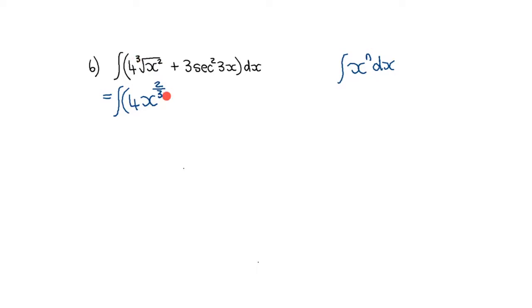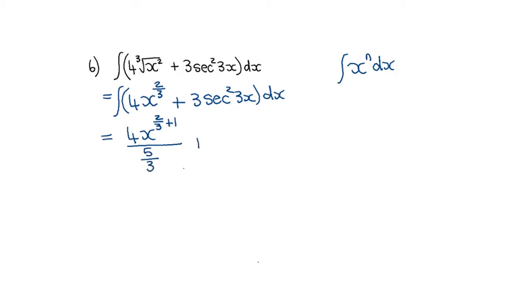So I have plus this 3 sec squared 3x to be integrated. I can use my basic rule that says if you have 4x to the power 2/3, you actually have to add a 1 to that exponent, and then divide. What is 2/3 plus 1? It will be plus 3/3, so it's going to be 5/3.